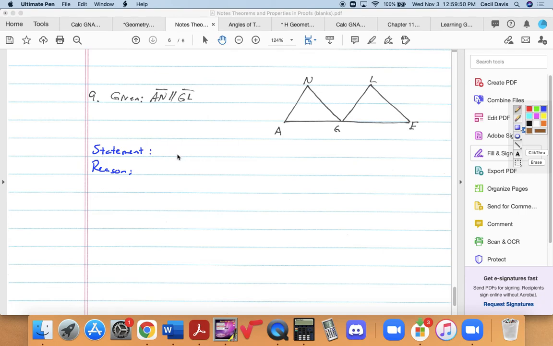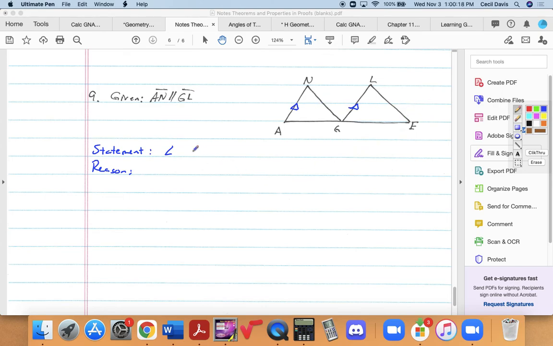My statement is angle AGN is congruent to angle E because of the corresponding angles postulate. You are correct that we're going to use corresponding angles, but you have the wrong two corresponding angles. It's these two lines that are parallel.